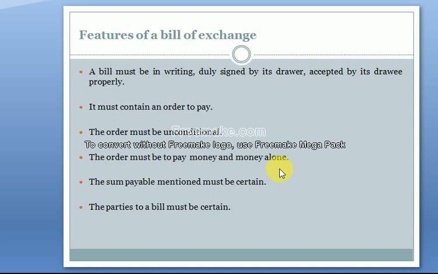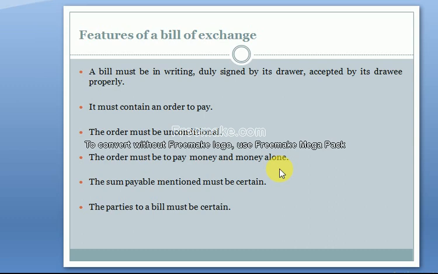If the funds are to be paid immediately or on demand, the bill of exchange is known as a sight draft. If we make a credit transaction and I issue a bill of exchange where the maturity date is not mentioned, only on demand, then you can immediately demand the payment.